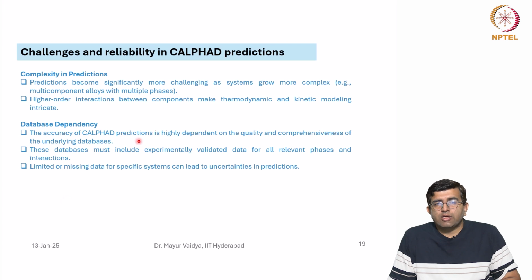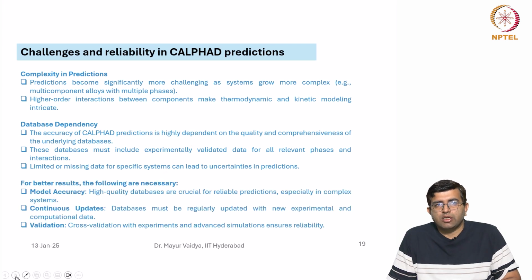Then the accuracy of CALPHAD prediction is highly dependent on the quality and comprehensiveness of the underlying databases. So, the databases must be comprehensive enough to include the most reliable experimentally validated data for all relevant phases and interactions. Limited or missing data for specific systems can lead to uncertainty in predictions.